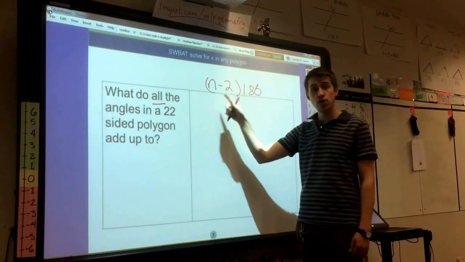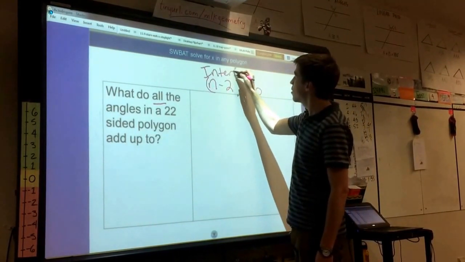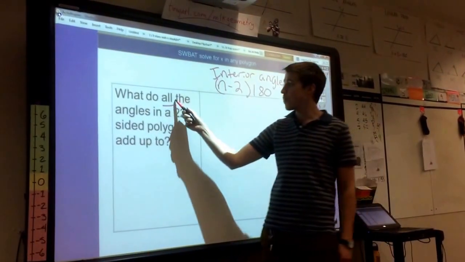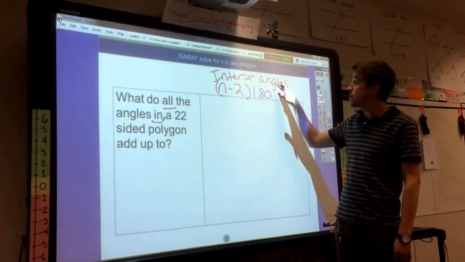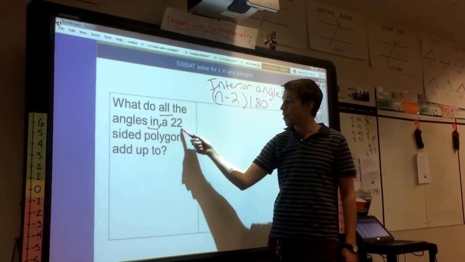This is our go-to tool when we're talking about our interior angles, because this is talking about all of the angles inside the shape. So this is our interior angle formula. N stands for how many sides the shape has.